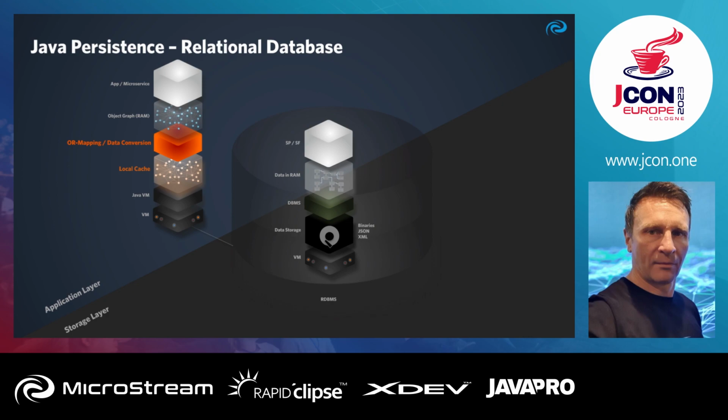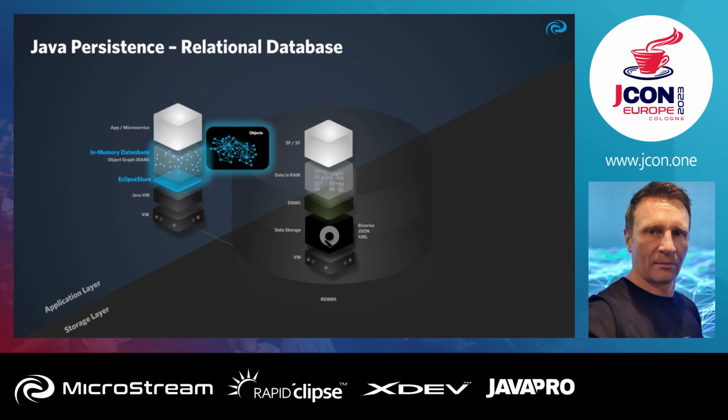And now with Eclipse Store, as I mentioned, your object graph is kind of like an in-memory database. So the data is already in memory, which means you don't need a cache anymore. And we replace Hibernate or any other mapping with Eclipse Store. We can skip the local cache, and so the complexity is reduced.